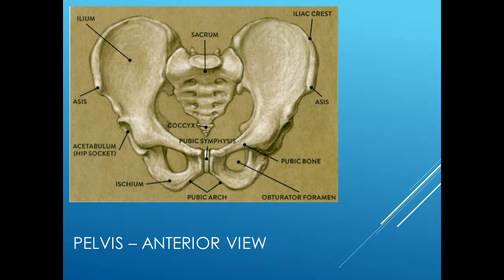And then this whole area here is called the ilium. And then down here, corresponding, that's the ilium. Down here we have the ischium. And then in between, we have the acetabulum, the hip socket, right inside there. And then we also have the sacrum, the coccyx. And then right in between here, this is some cartilage called the pubic symphysis. It's a little bit of cartilage right inside there, which allows for some flexibility. And again, if you're roughhousing, playing, or if you happen to fall on your side, you want some flexibility.